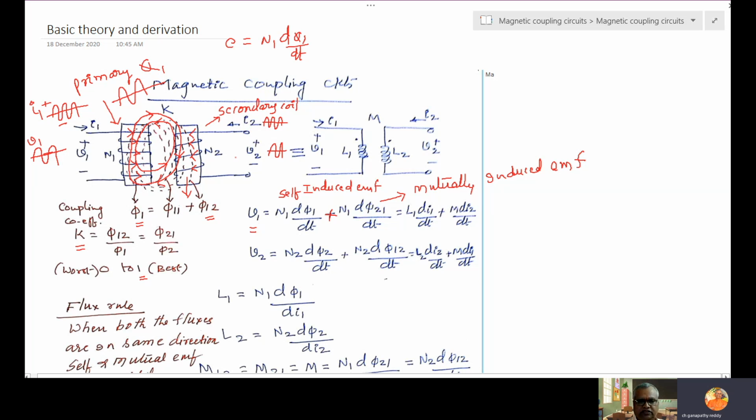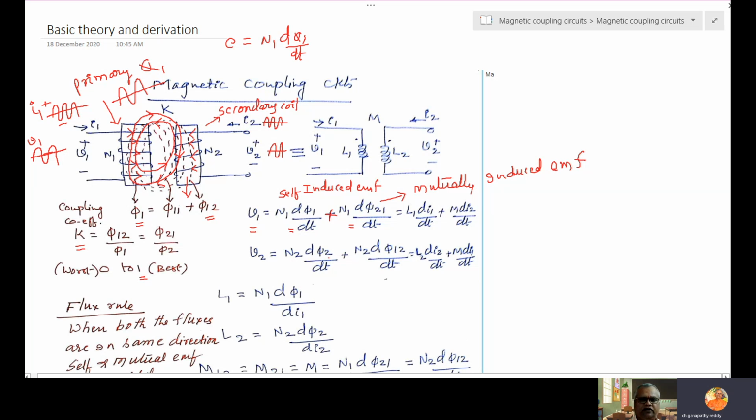So the total flux is the addition of self and mutual. Therefore, the self-induced and mutually induced EMFs are added. The same reason applies for V2. So plus is based on the direction of the self and mutual fluxes.